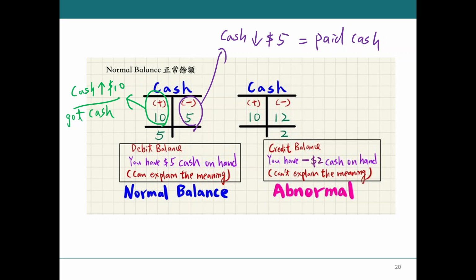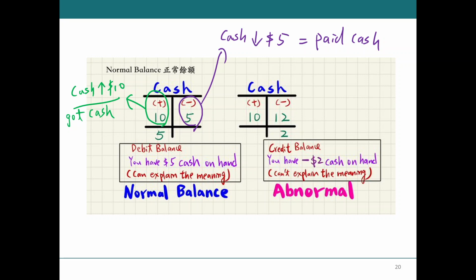How much money you still have? $5, right? I got $10, I paid $5. So in the end, I still have $5, right? Okay, so what's your balance? Ending balance should be $5, right?